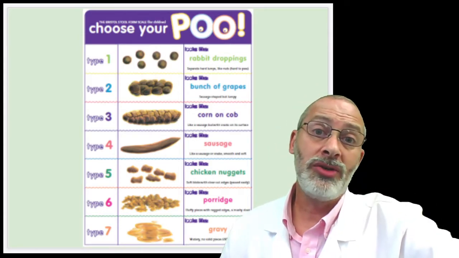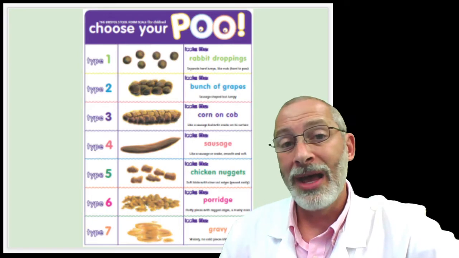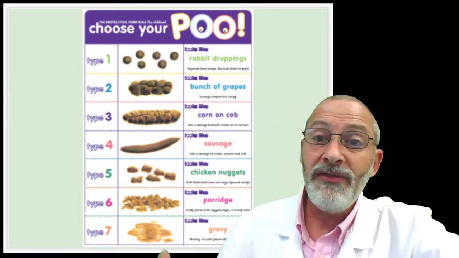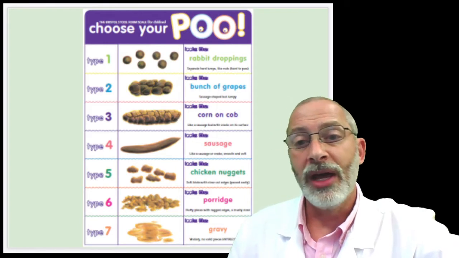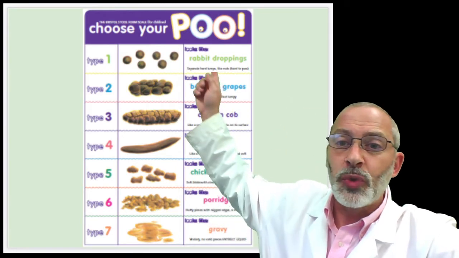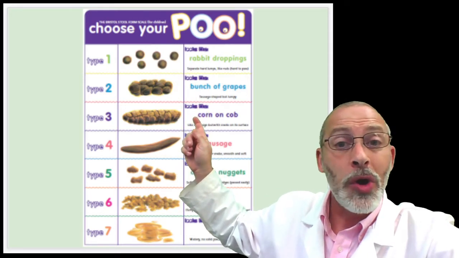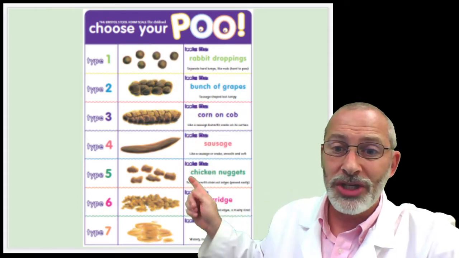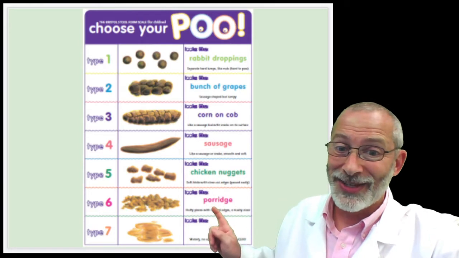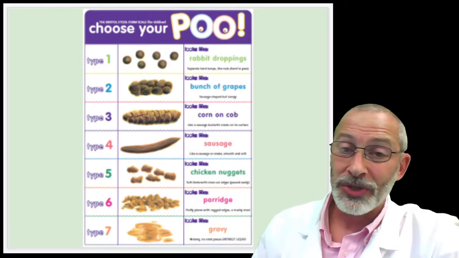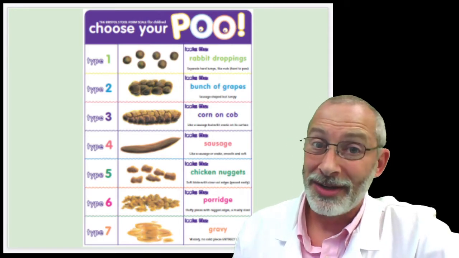And if you're talking to a kid, they might not be able to understand some technical lingo, but even a kid can probably understand the difference between rabbit droppings, a bunch of grapes, corn on the cob, sausage, chicken nuggets, porridge, and gravy. Most kids know the difference between those common items.